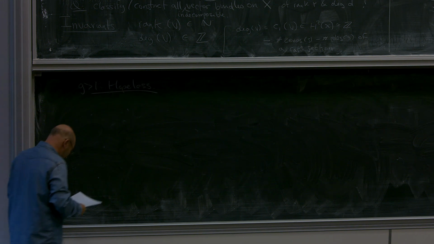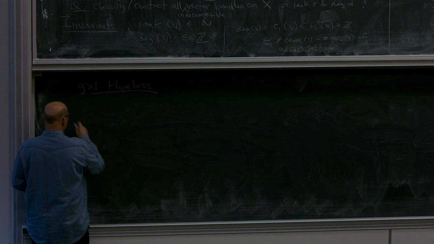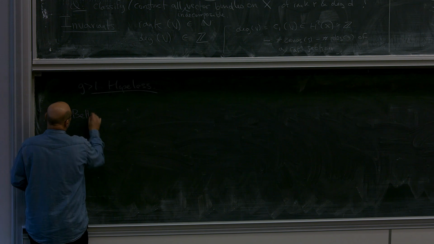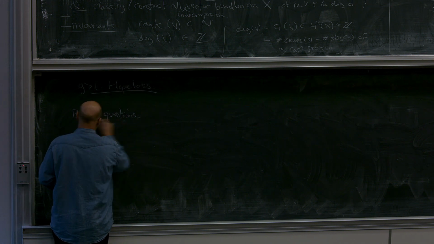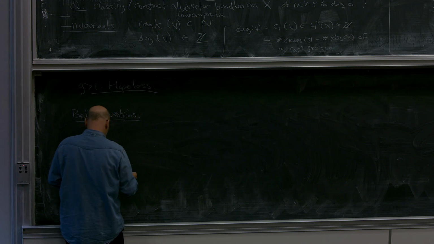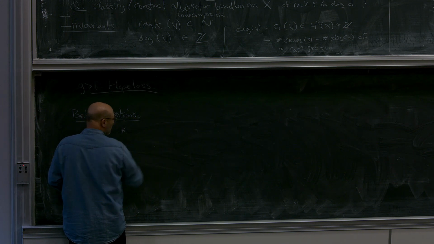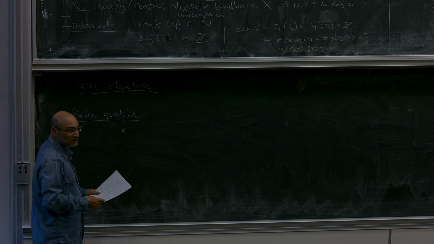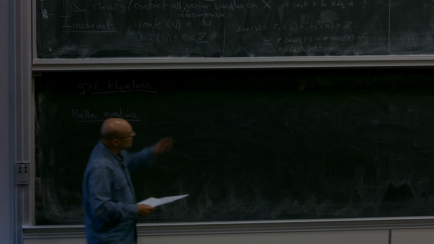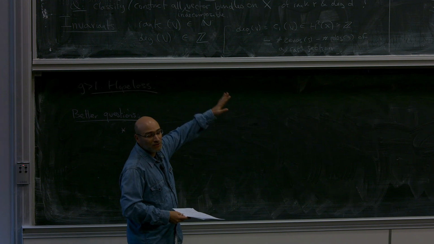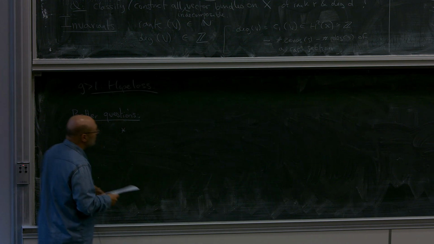OK, so as usual, we ask better questions, or find better constructions. So the first thing that people do is, OK, we cannot describe them all. Maybe we can still show that the collection of all vector bundles has a nice structure, something like an algebraic variety.